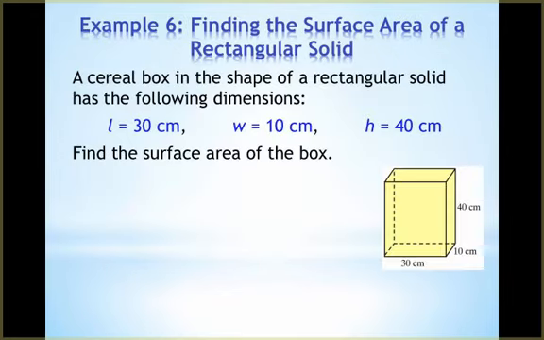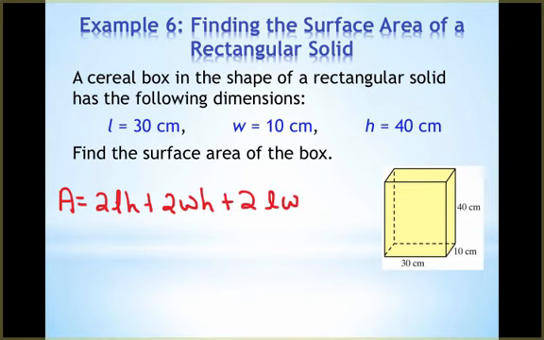For example 6, we're going to find the surface area of a rectangular solid. So we have a box, and we have dimensions of 30 by 10 by 40. Well, remember that our surface area is 2 times LH plus 2 times WH plus 2 times LW. And it doesn't matter what order you get them in, as long as you just get all of them paired up together.